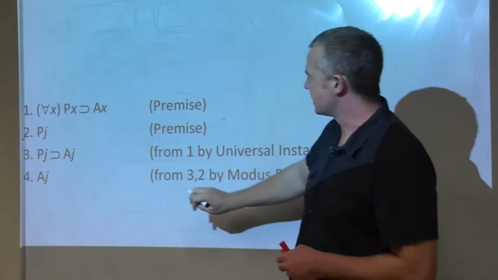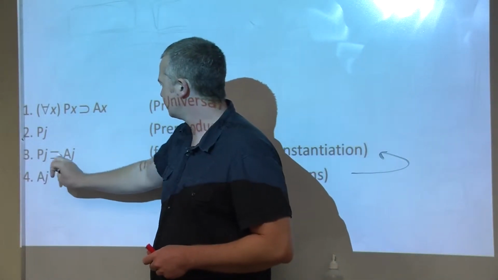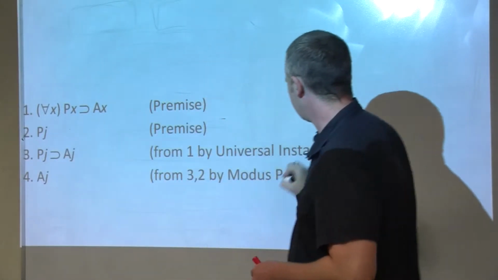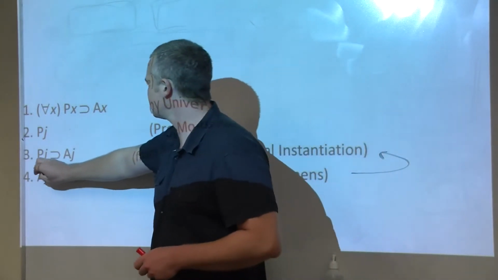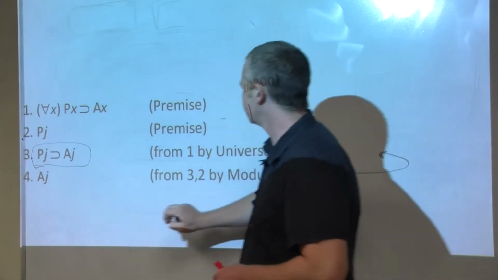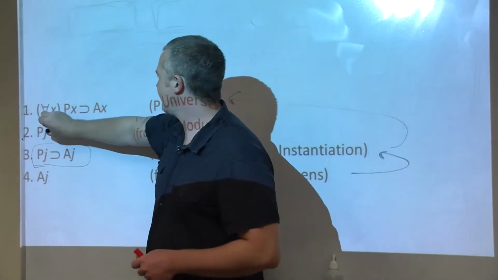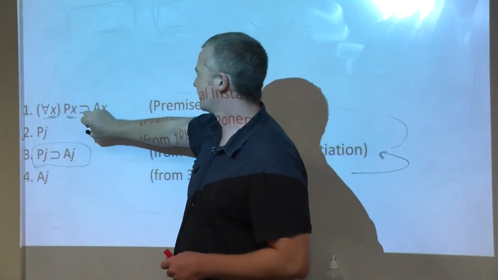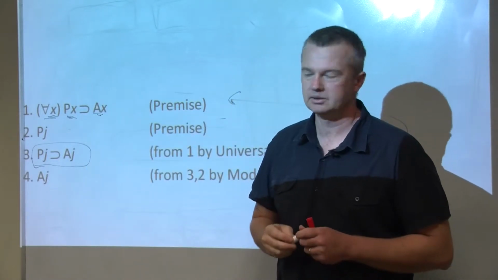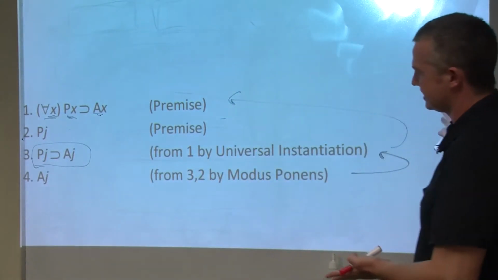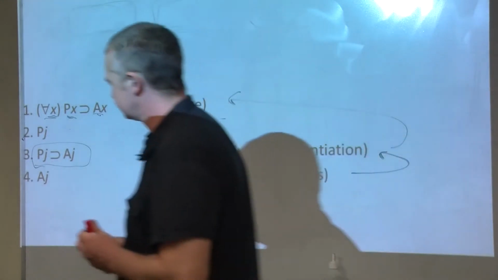Because Jane is a philosopher, and if Jane is a philosopher, then Jane is arrogant. How do you know that if Jane is a philosopher, then Jane is arrogant? I know that because I know that for all x, if x is a philosopher, then x is arrogant. Okay, so that's the structure of the proof.